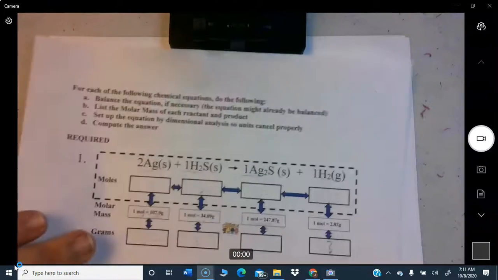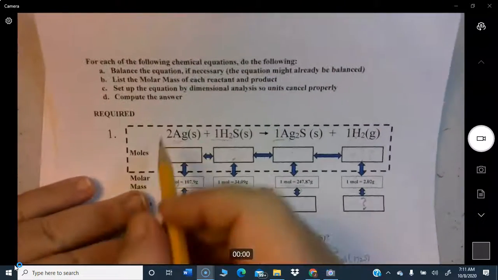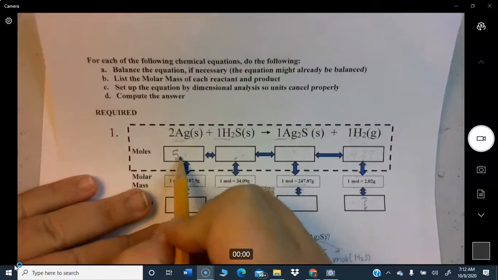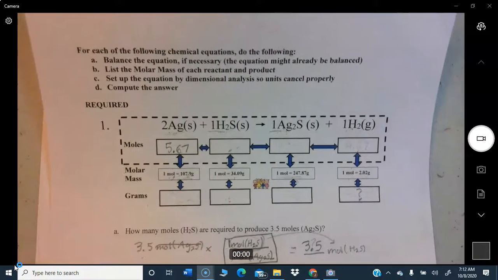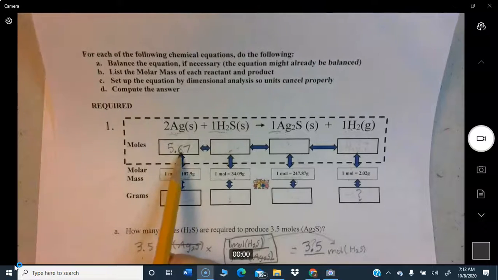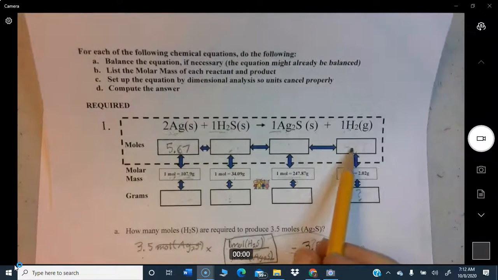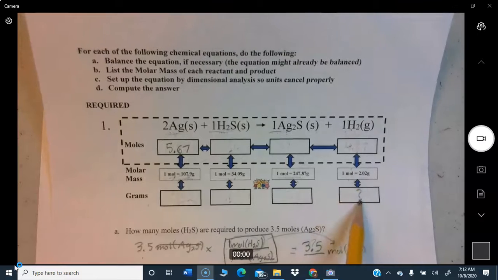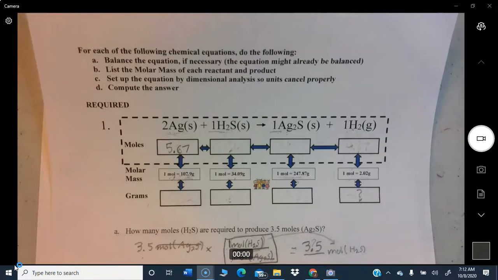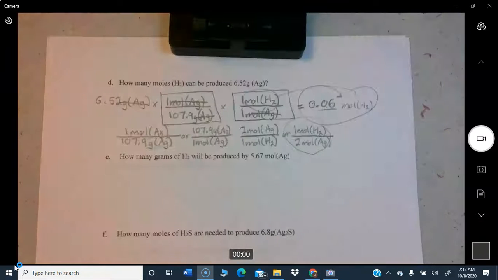And it's going to be produced by 5.67 moles of Ag. So the 5.67 goes up here in the moles box. So what's our path? We start here, we go moles to moles across the chemical equation, and then from moles of H2 we come out using the molar mass to get grams of H2. So it's a two-step process.